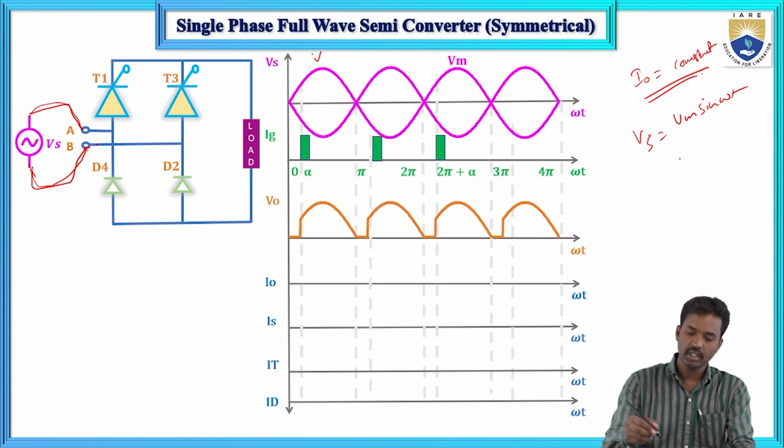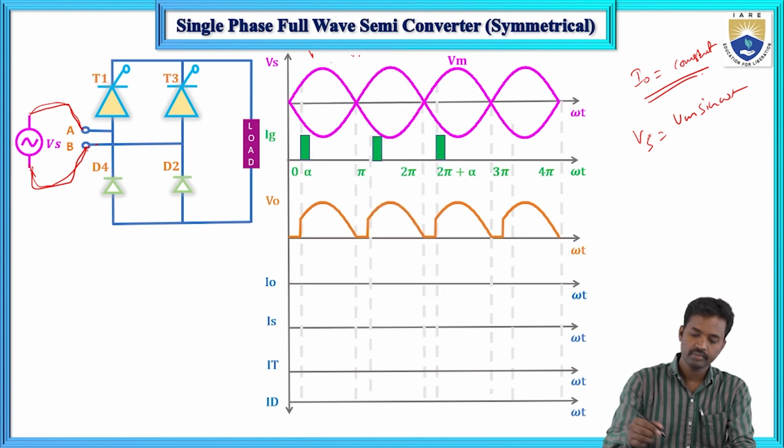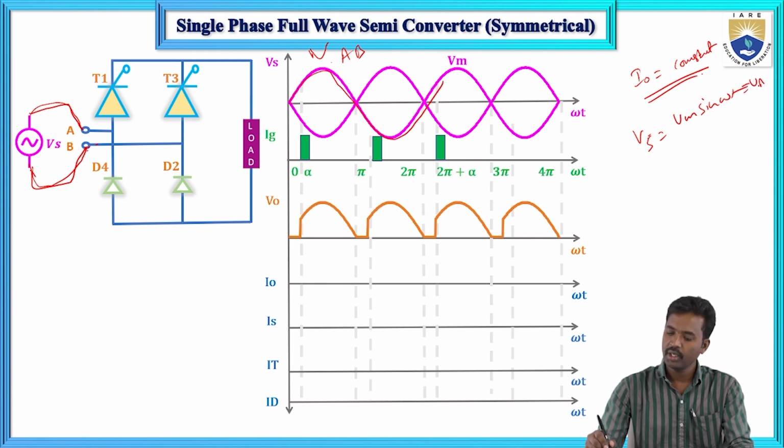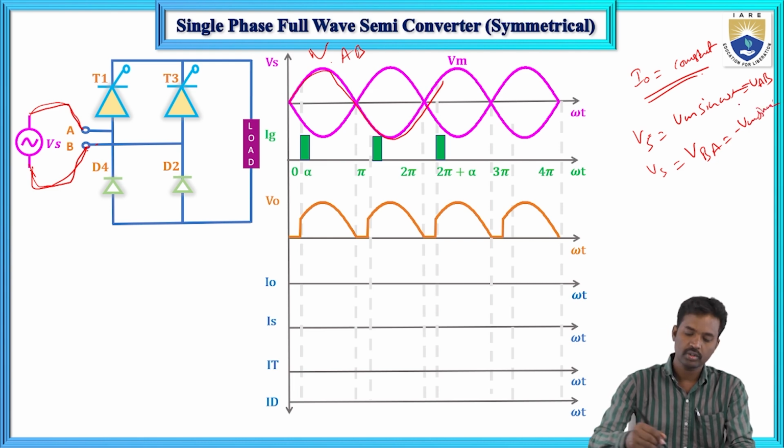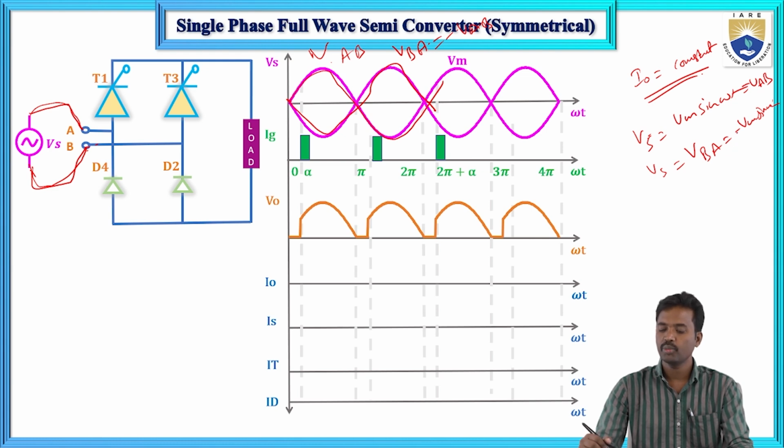And minus Vs, that is minus VBA or VBA, equals minus Vm sin omega t.